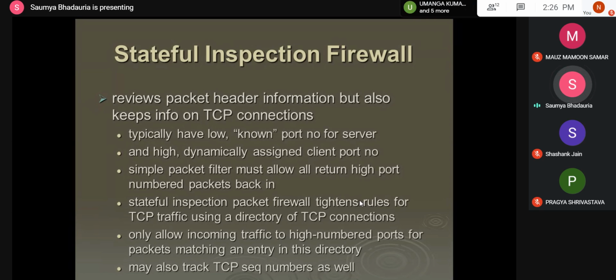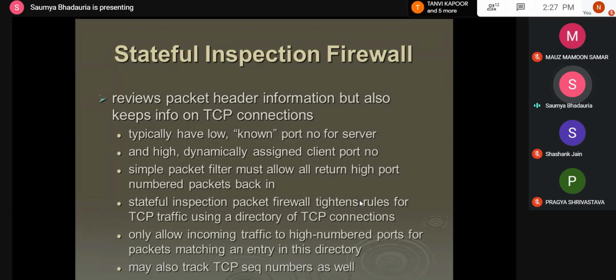So whenever a TCP communication happens or an SMTP session is created, any of the port numbers between 1024 and 65535 would be accepted at the client side, and at the server side you'll have port number 25.